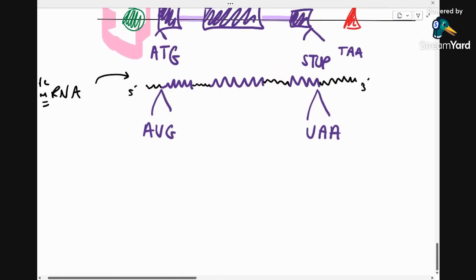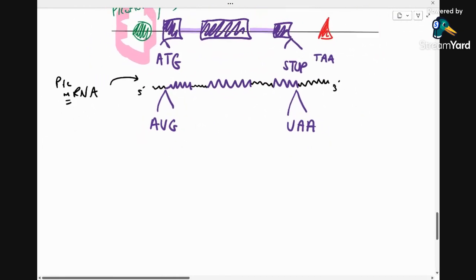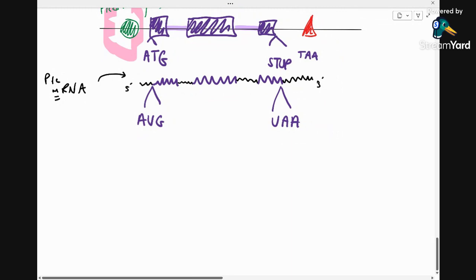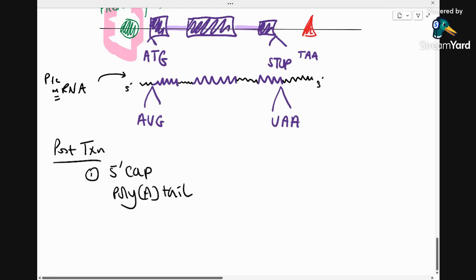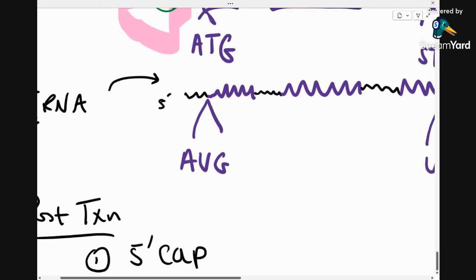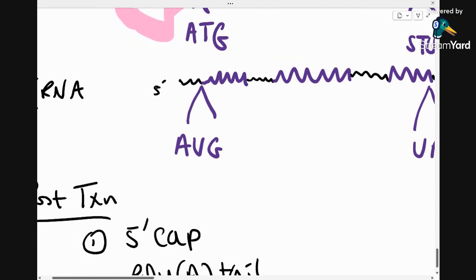The other thing that now happens, so the first step of post-transcriptional modification is we have a 5' cap and a poly A tail added. You don't need to know the details here, but I'm just going to draw that here. Essentially, what happens is we have a sequence added. I will choose a different color. Let's go orange.